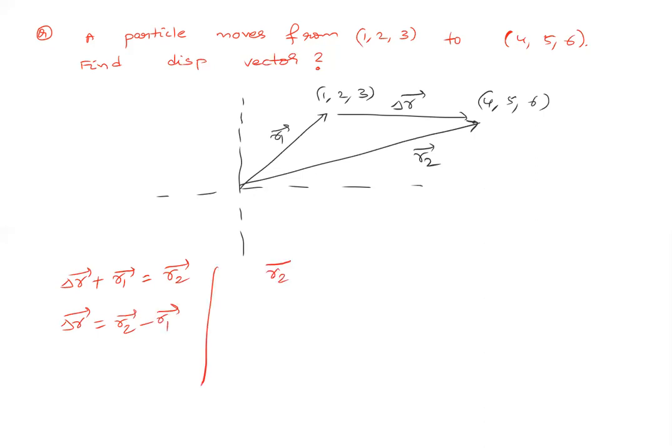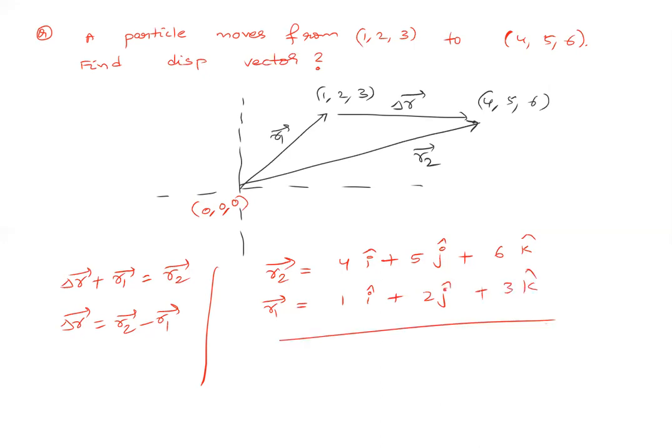Now r2 bar is 4 I cap, always head coordinates minus tail coordinates, so 4 minus 0 I cap plus 5 minus 0 is 5 j cap plus 6 minus 0 is 6 k cap. Your r1 bar is 1 I cap plus 2 j cap plus 3 k cap. Calculating the difference, delta r bar is 4 minus 1, it is 3 I cap, 5 minus 2, it is 3 j cap, plus 6 minus 3, it is 3 k cap.